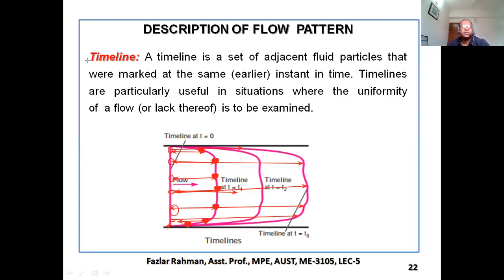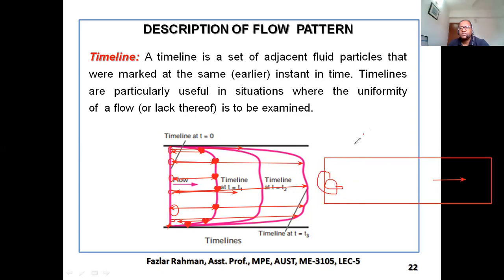Then you need to check the timeline. For example, you have a glass tube and the fluid flows along this direction. So you put some dye, some color in the fluid right over here.